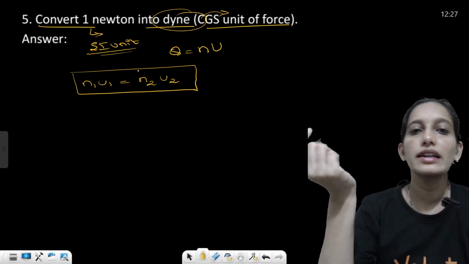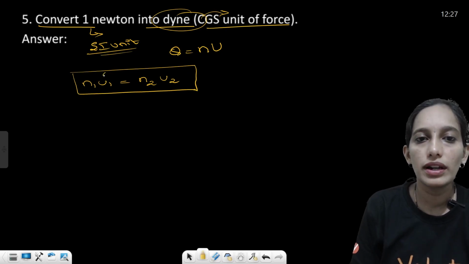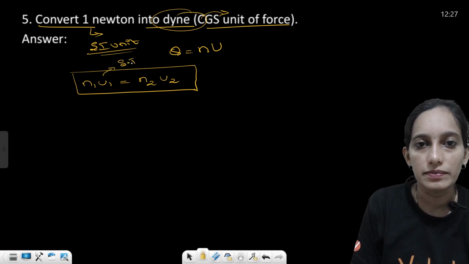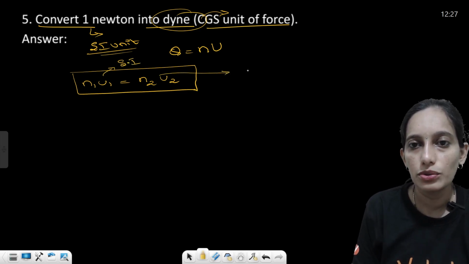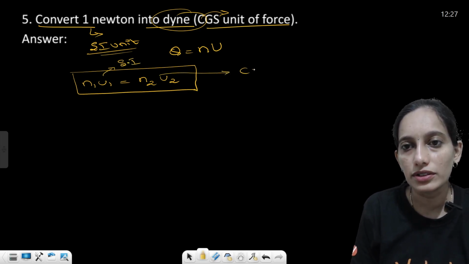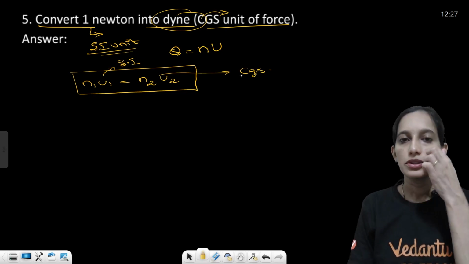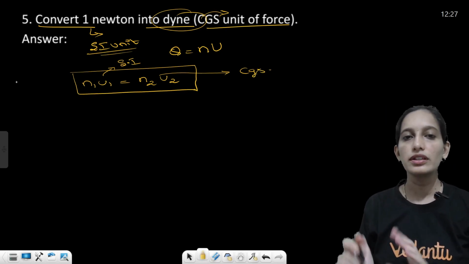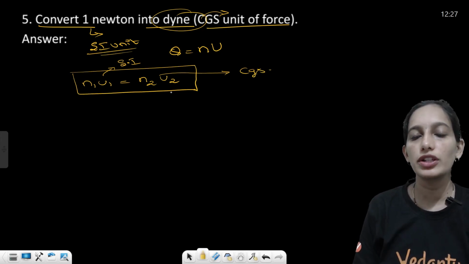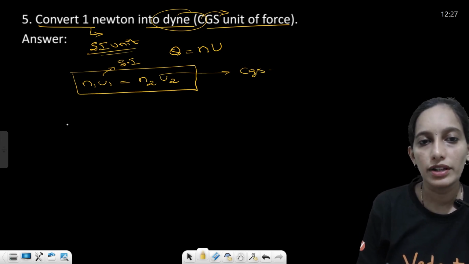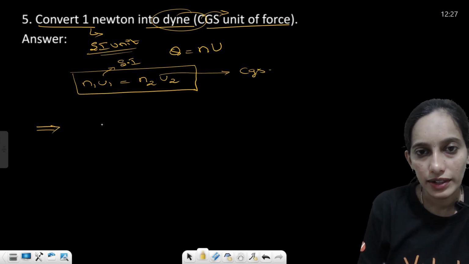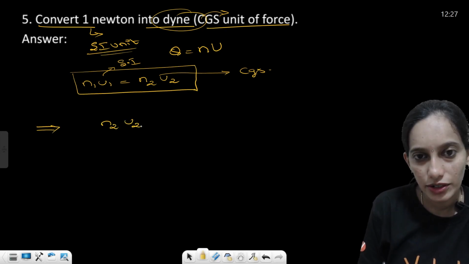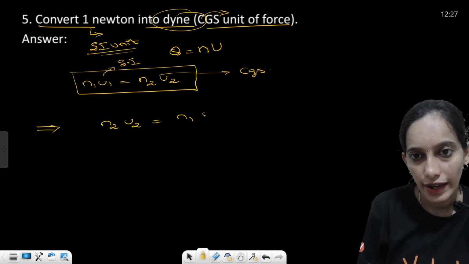Okay, so here let us assume this u1 is the SI system. Okay, and this u2 let us assume is the CGS system. Okay, so these are all, I'm just giving you the explanation. You need not write down all this. You can just straight away start from n1 u1 is equals to n2 u2. Okay, or I'll just rewrite this way, that is n2 u2 is equals to n1 u1.